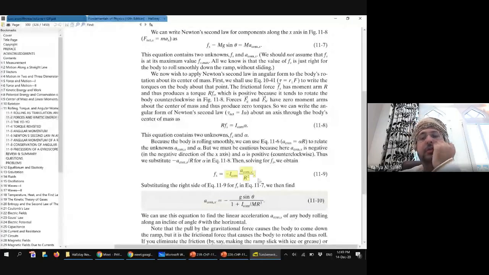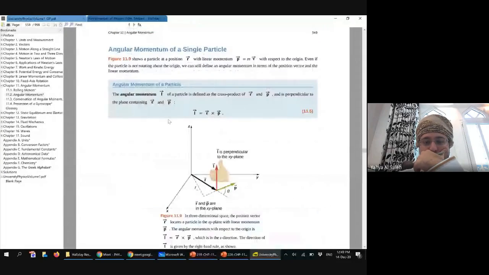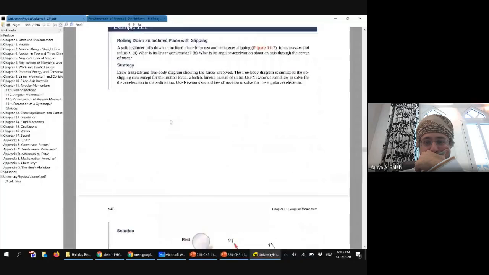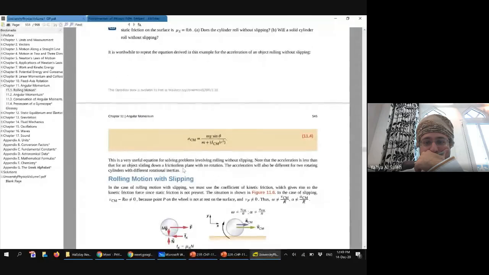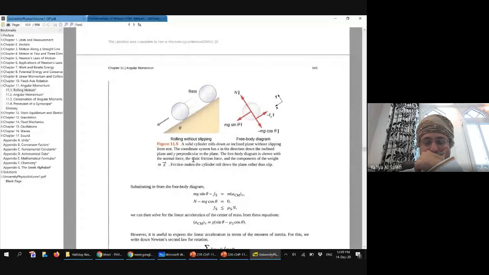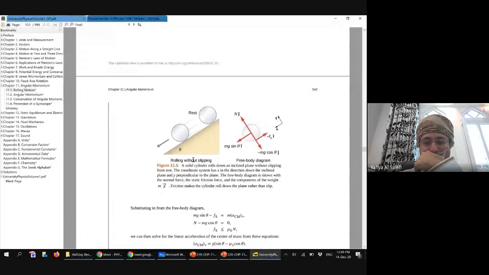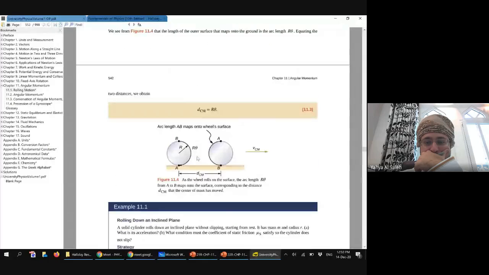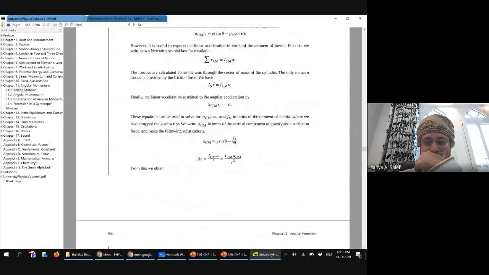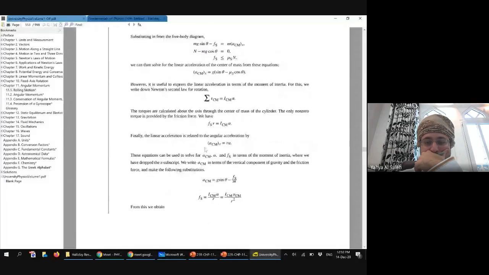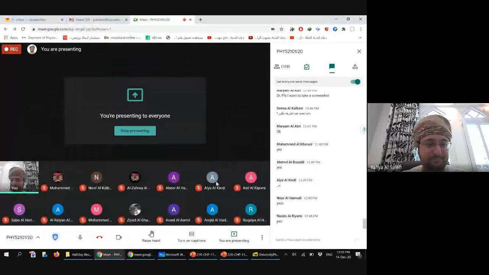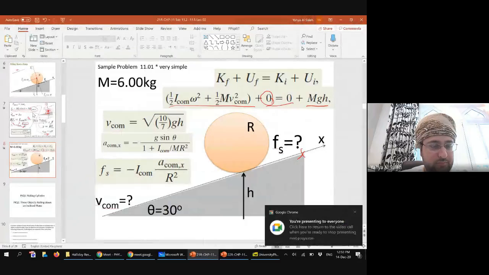Okay, there is no simpler way to do this. Let's see if your book does it in a simpler way. Nope. Okay, let's find another way to do this.